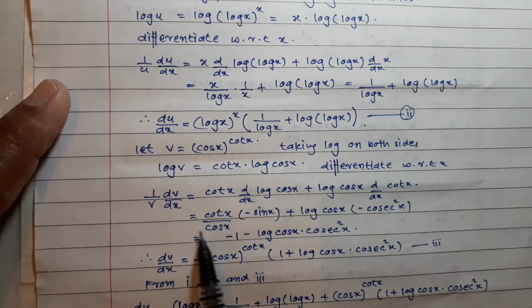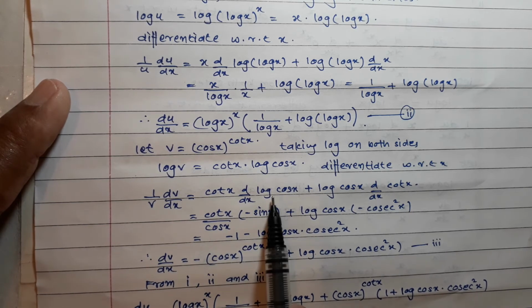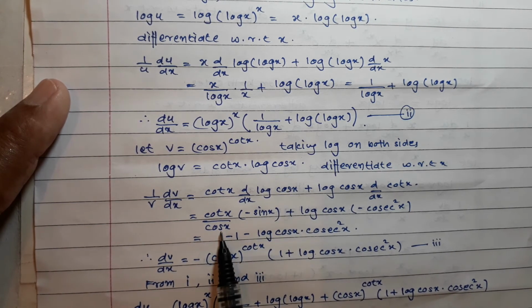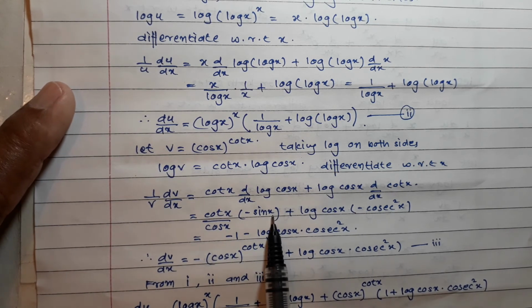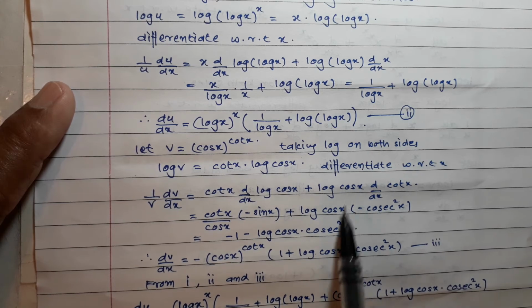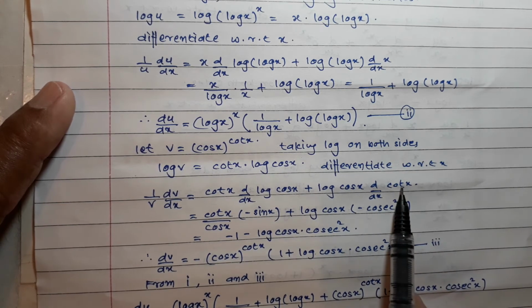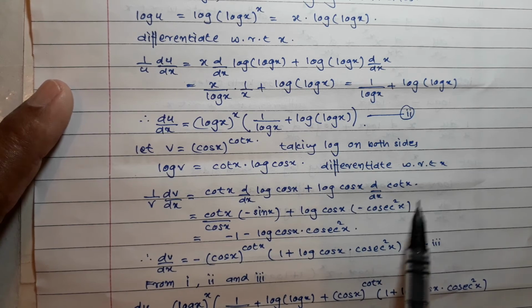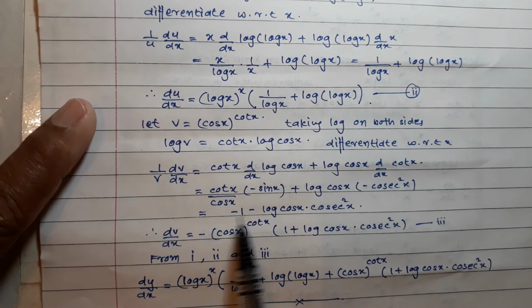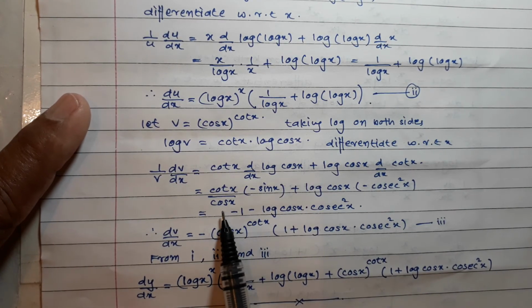So it is cot x into 1 upon cos x into derivative of cos x, which is minus sin x, plus log cos x into derivative of cot x, which is minus cosec square x.